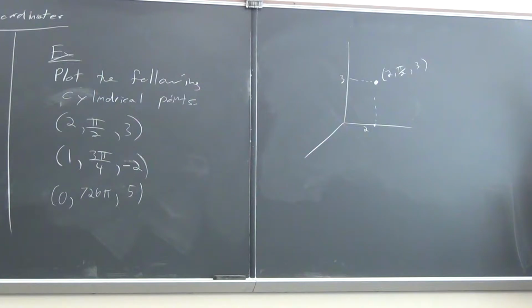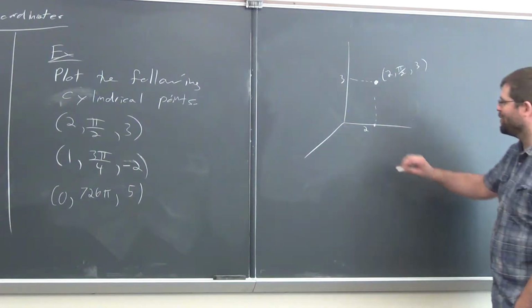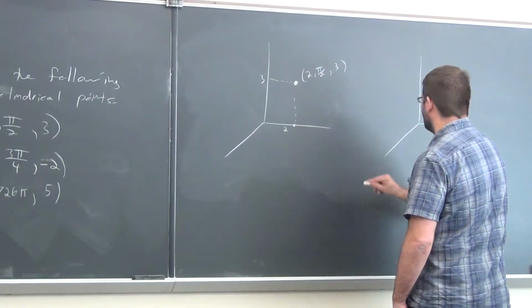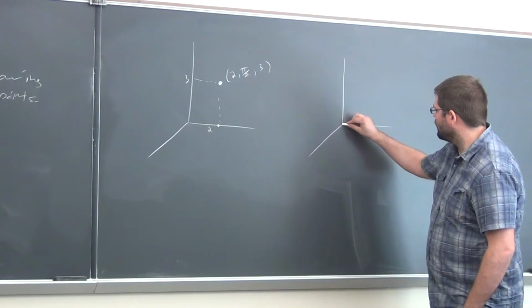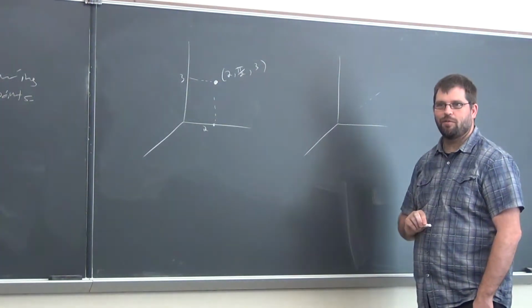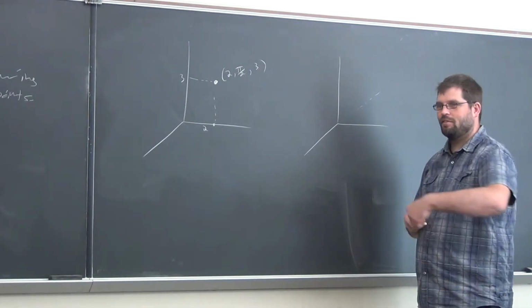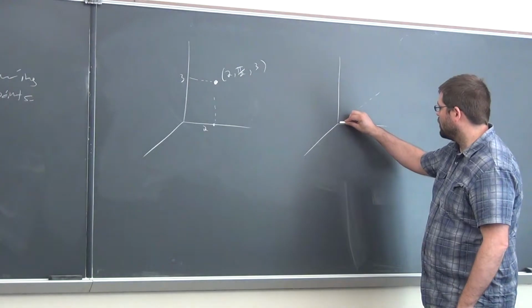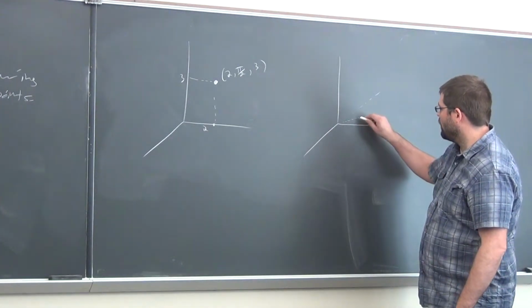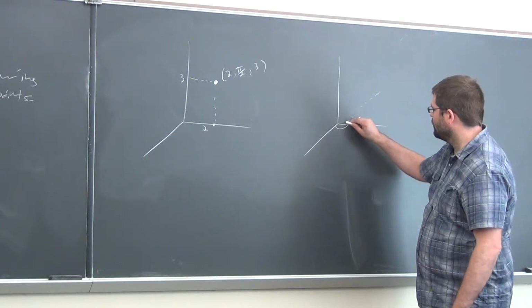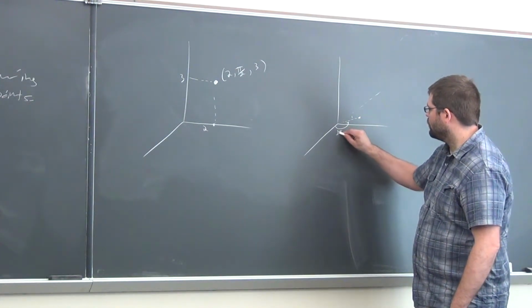3 pi over 4 is where? Yeah, this one's a little bit goofy. So let's just draw it on its own set of axes. First of all, where's that angle? 3 pi over 4 is 45 degrees, but this way, right? I'll draw in a dotted one. So you go out there and then you go out 1 unit, right? So again, that's your 3 pi over 4.